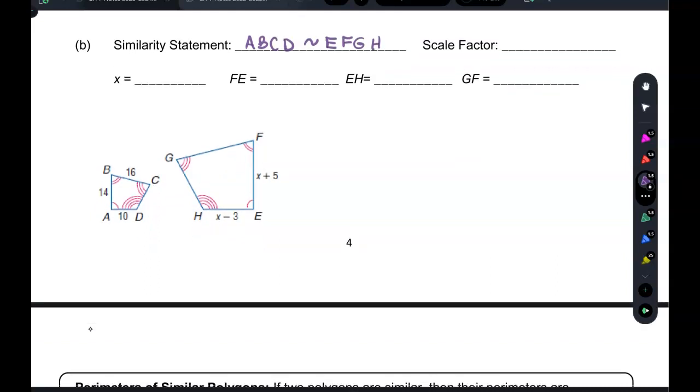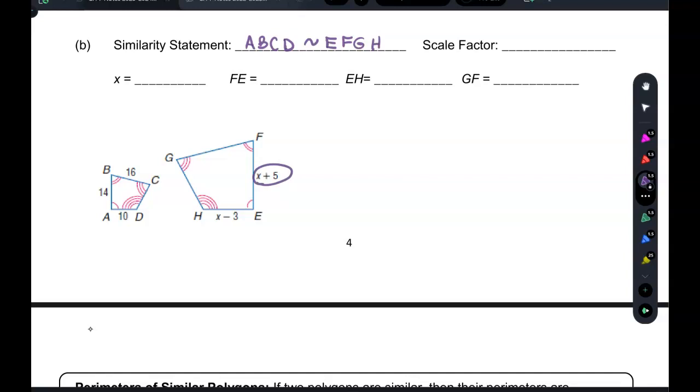Okay, scale factor. We have a situation here where we don't have enough information to find the scale factor because I don't have any measurements in the polygon to the right. So I'm going to have to solve for x first, and then we can go back and find the scale factor. So let's see what sides are matching. FE or EF is x plus 5.